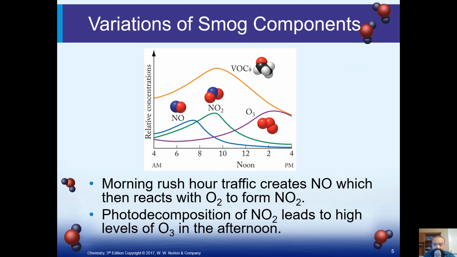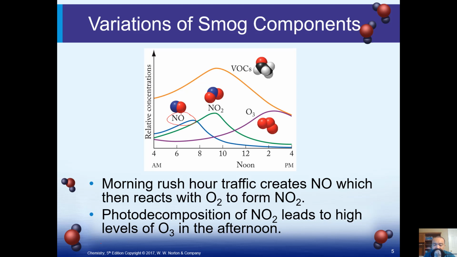In the reactions involved in smog formation, the products of some reactions are the reactants in others. Therefore, the relative rates of these reactions influence at what time during the day pollutants appear and how long they persist. Note in this figure, for example, the maximum concentration of nitrogen monoxide occurs during morning rush hours.